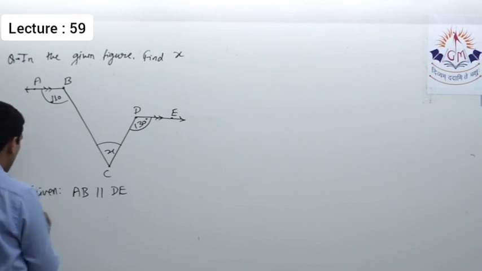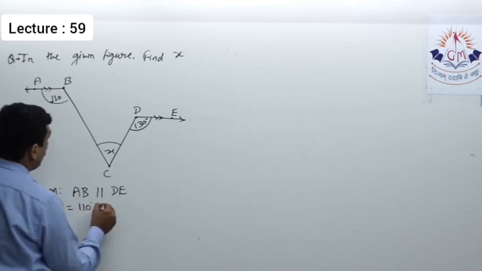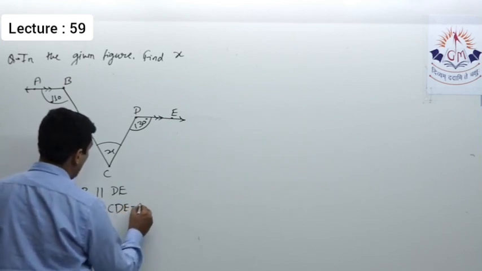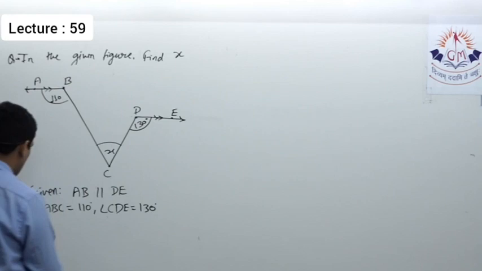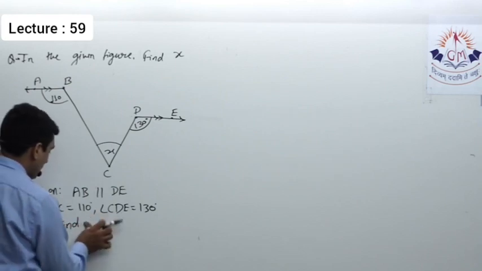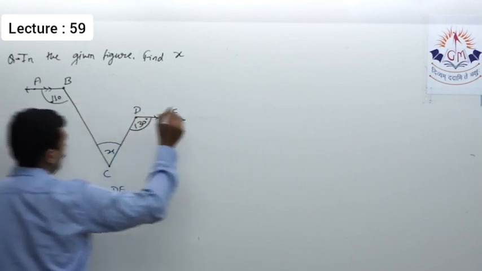Also it is given angle ABC is equal to 110 degrees and angle CDE is equal to 130 degrees. What we have to find is x, that is angle BCD.